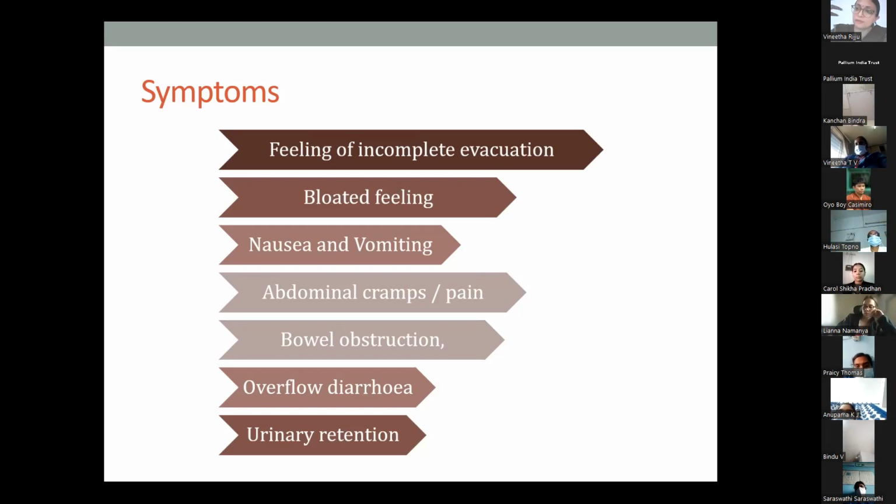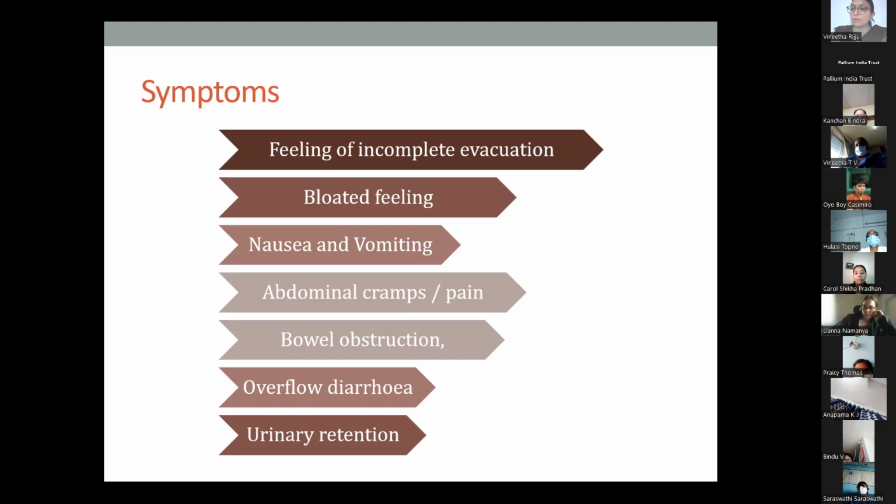Over a period of time, this liquefied matter dribbles around the side of the intestinal wall and comes out. And this is what the patient tells you as diarrhea. So you need to treat it not like a diarrhea, but as a constipation.